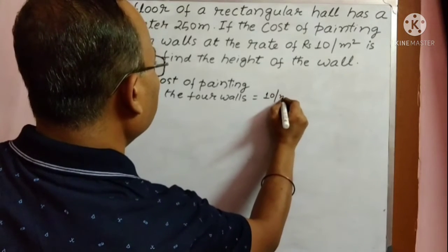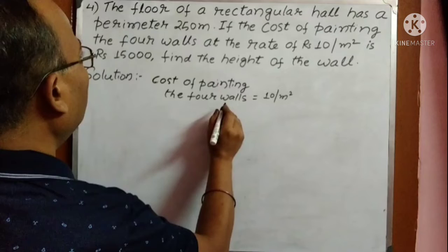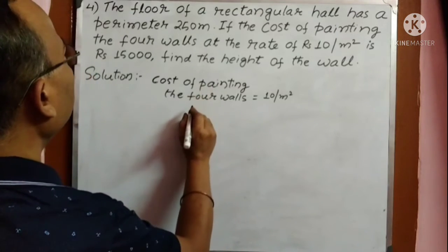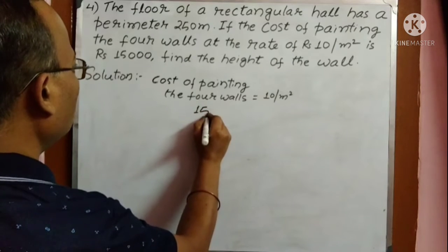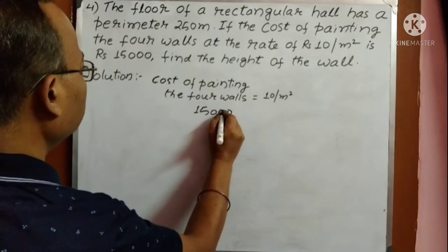10 rupees per meter square. Okay. Total cost is 15,000.